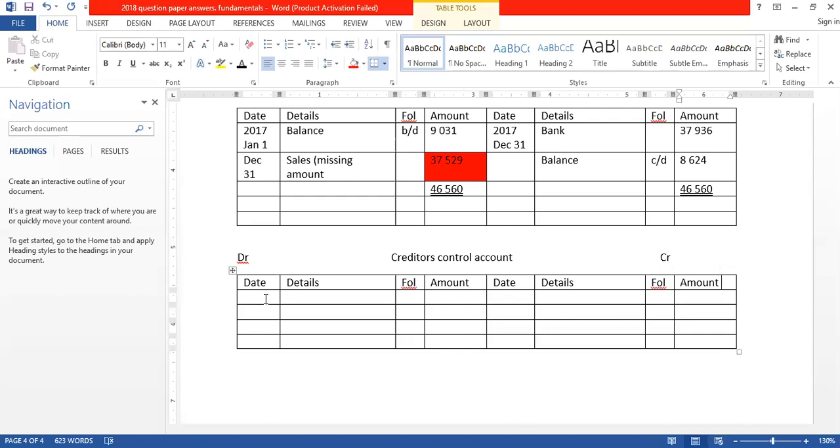Now when we speak of creditors, these are people that you buy on credit from. So these are your current liabilities. When you owe people money, those are your debts, and debts are known as liabilities in accounting. In this case, they are current liabilities, because you are expected to pay them off within a period of 12 months.